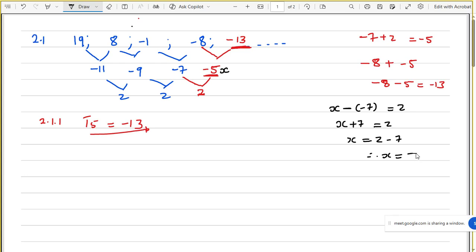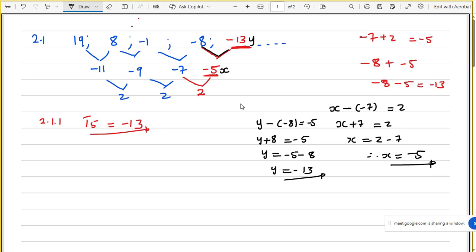Therefore, x is -5. So now you understand where that -5 is coming from. Let's say this is y. When I subtract -8 from y, I should get -5. So y plus 8 equals -5. The 8 goes to the other side to be negative. Therefore, y is -13. So now you understand where that -13 is coming from.